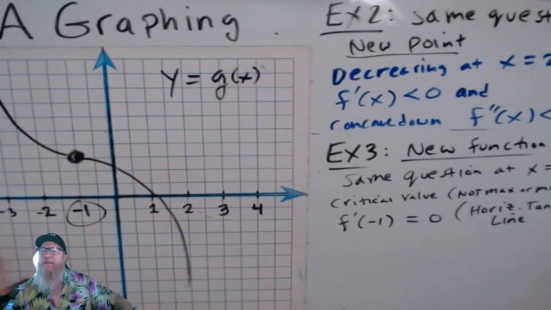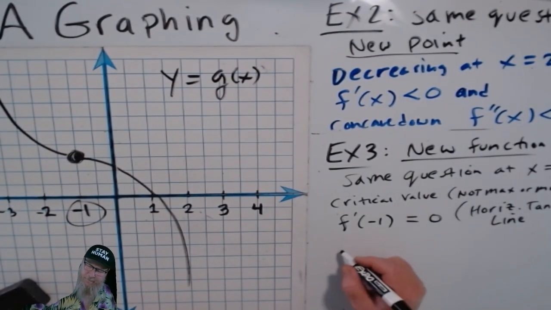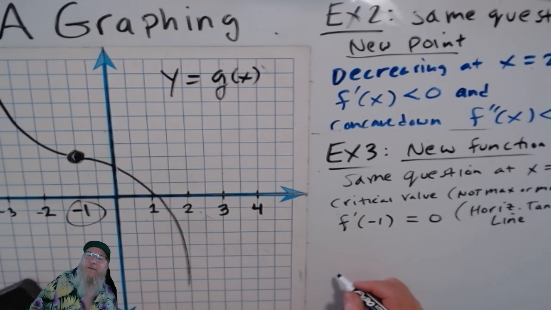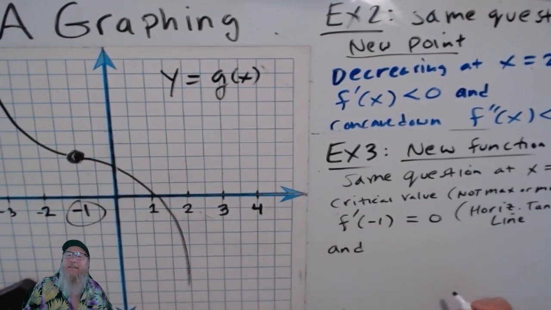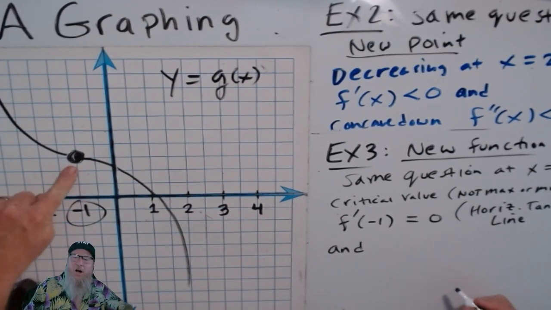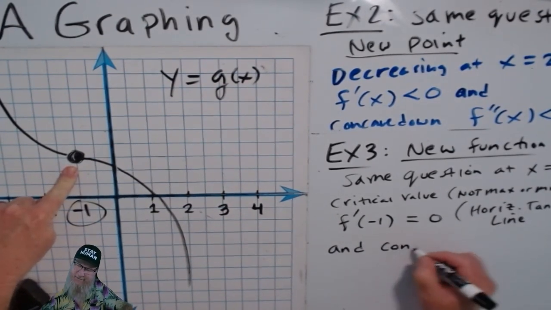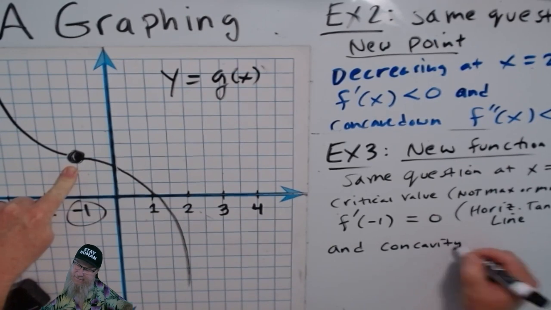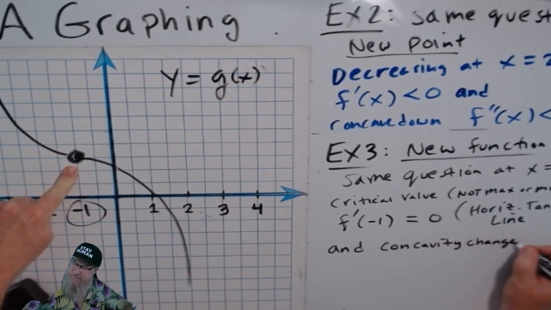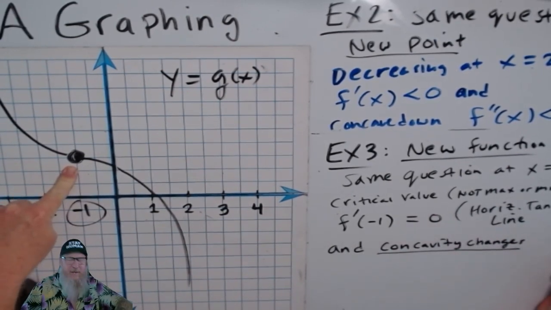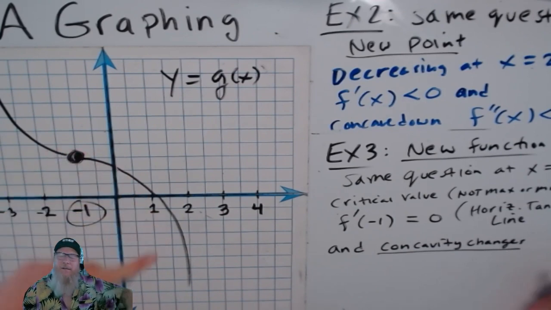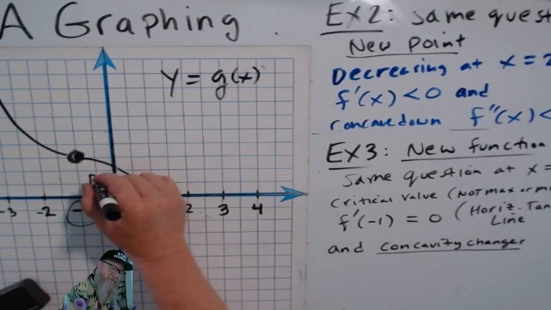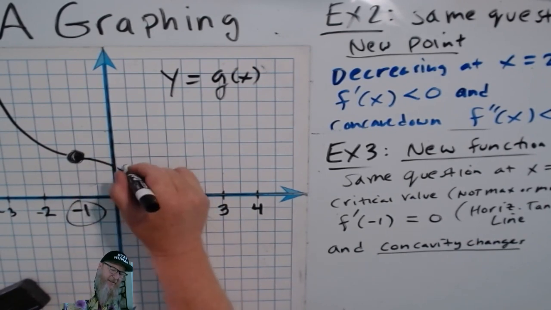All right. So we know that the first derivative, f prime, is equal to 0. And it's changing concavity. It changes from concave down, say CD, I guess.